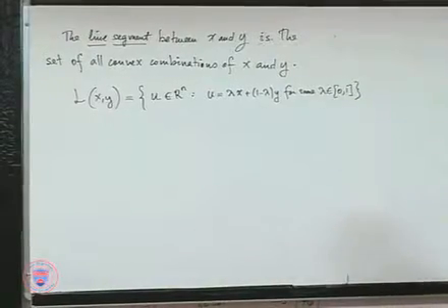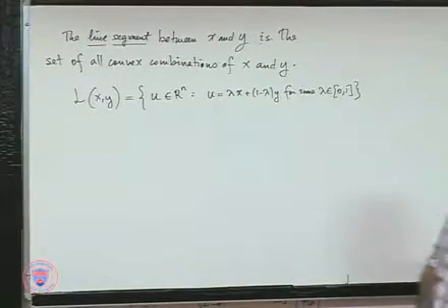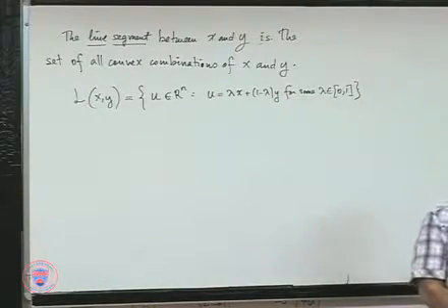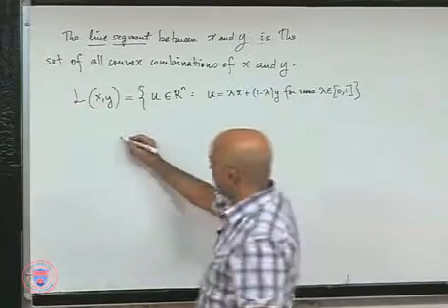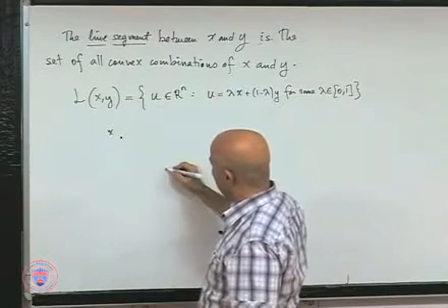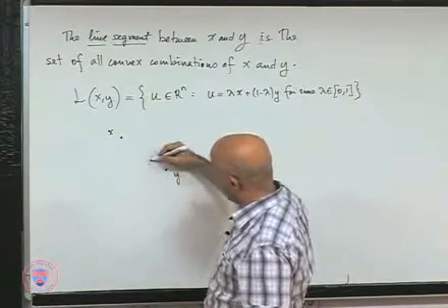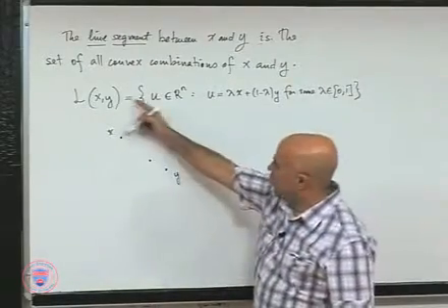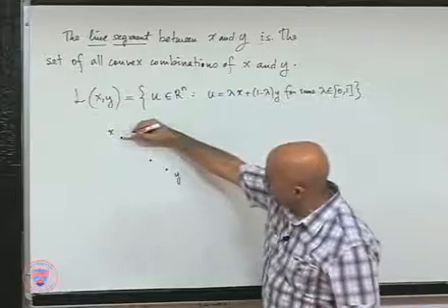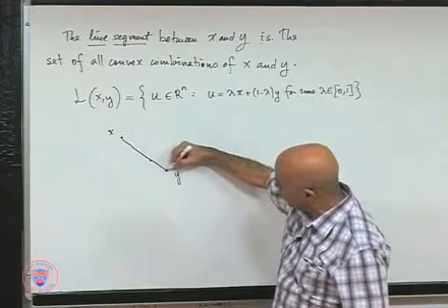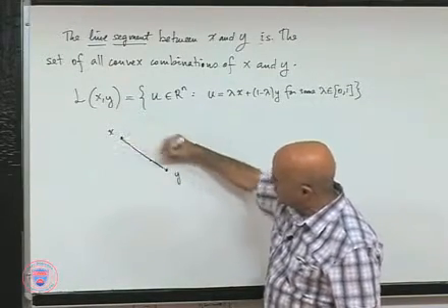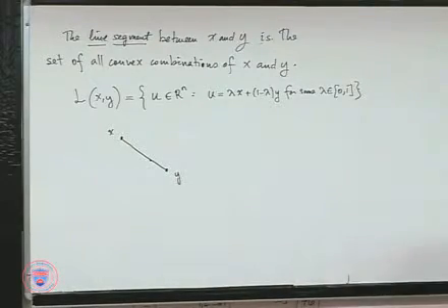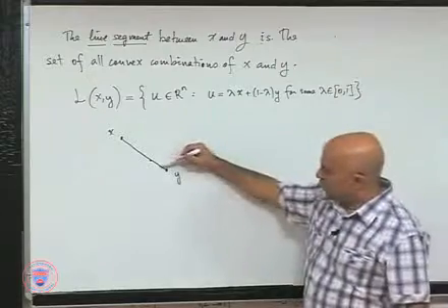Okay? So any u that can be so obtained is in the line segment. Which means that if x is here, y is here, a particular choice will give me a point, something like this. Whereas if you consider all such points, of course you start generating all the points along the line segment connecting x and y. So, all points here.